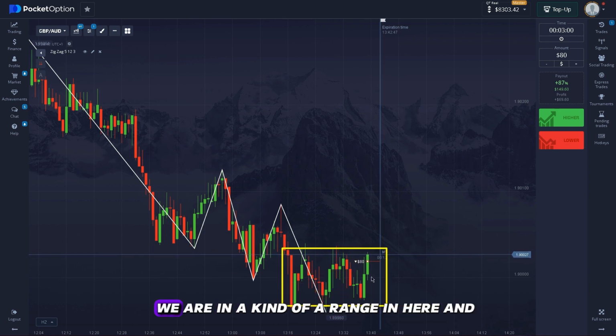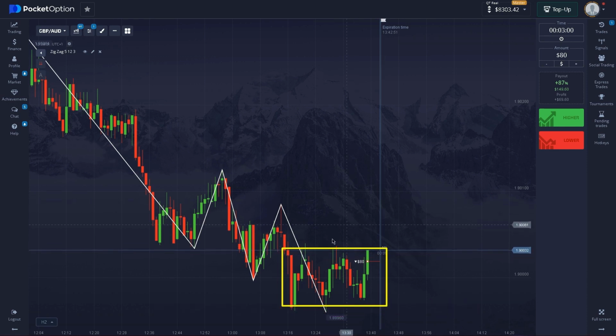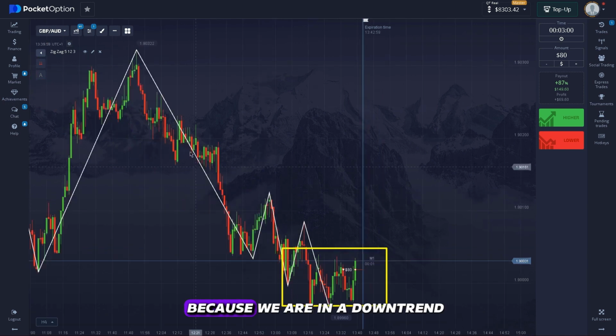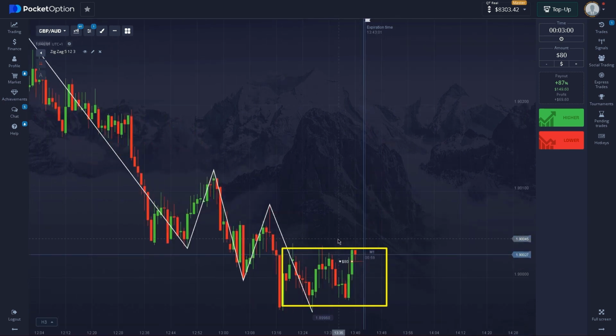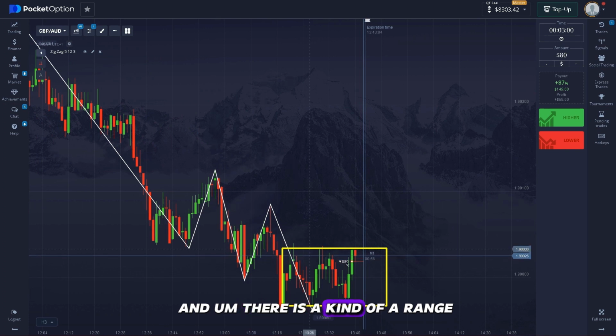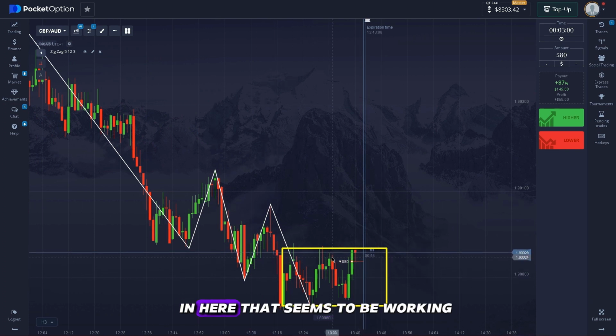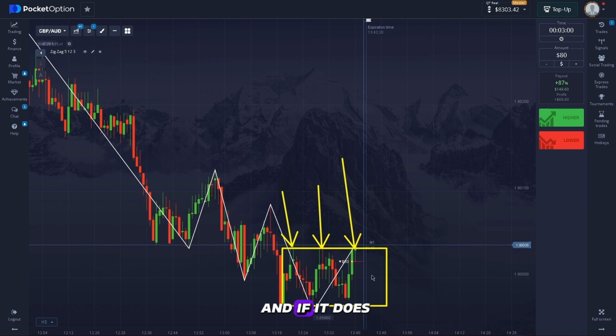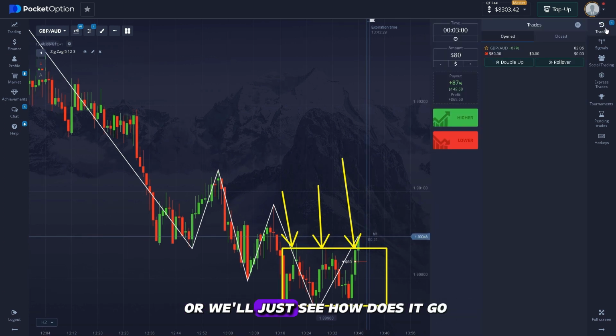But as you guys can see, we are in a kind of range in here, and I've just entered my trade on the basis of that range, because we are in a downtrend, and there is a kind of range in here that seems to be working sometimes, so I'm expecting it to work again in here, and if it does, it's good for me, and if it does not, we will just move on to the next trade. So we will just see how it goes.